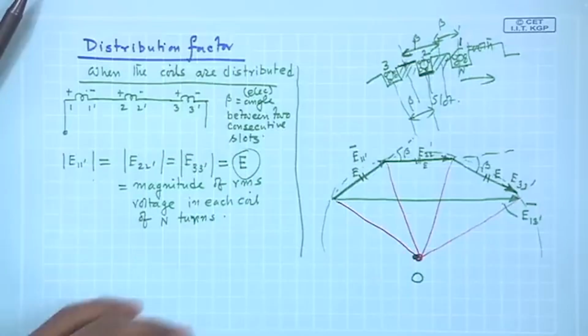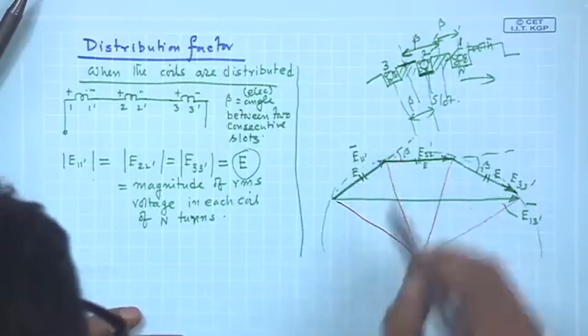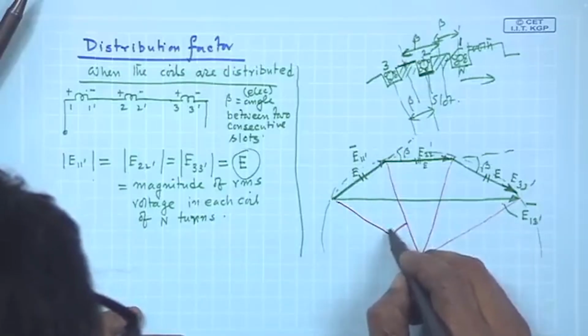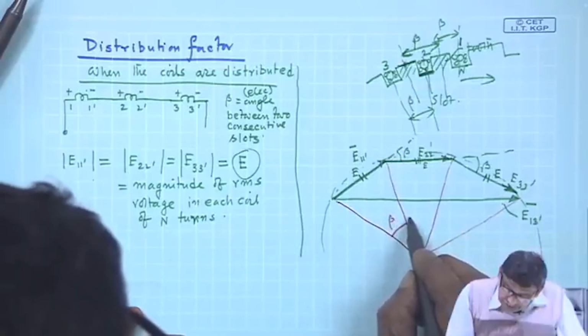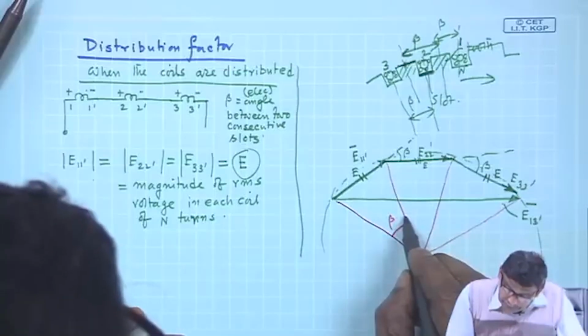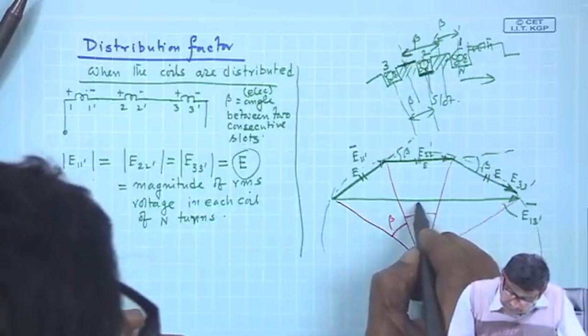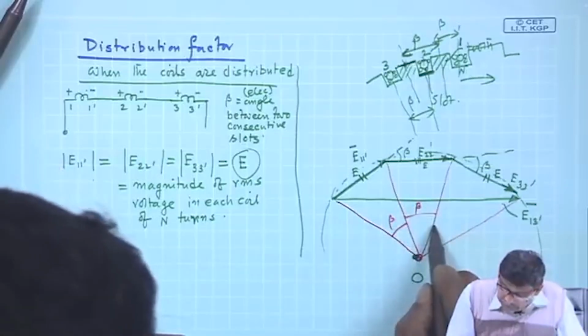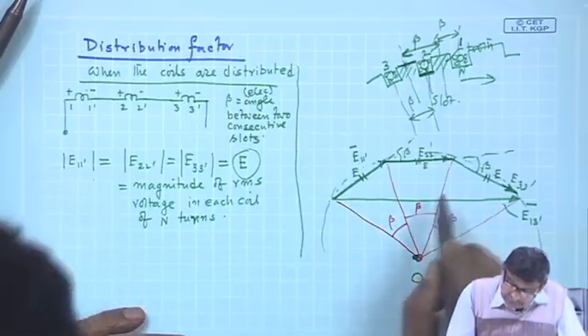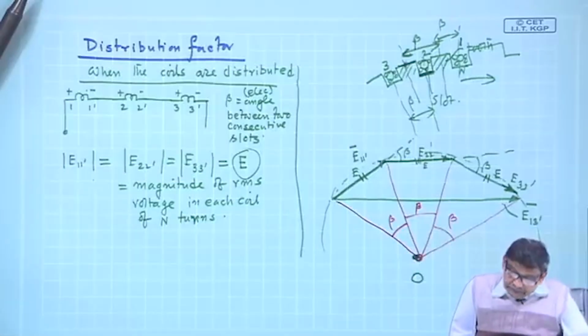Then this angle beta will be also this beta, these angles too will be beta. It will be like this.